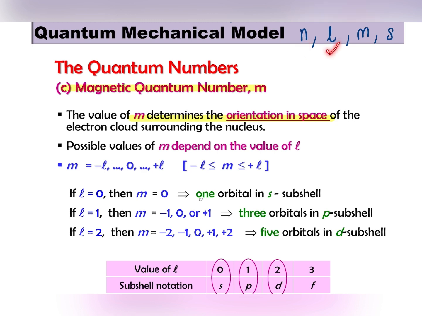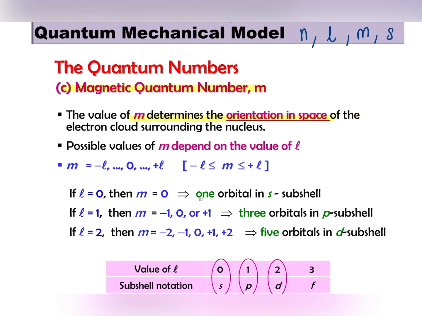L adalah angular momentum quantum number. And sekarang kita nak tengok M, magnetic quantum number. So, kalau N just now, dia menentukan energy level, di mana elektron tu berada. L pula, dia menentukan S, P, D, F, jenis orbital tersebut dan subshellnya.